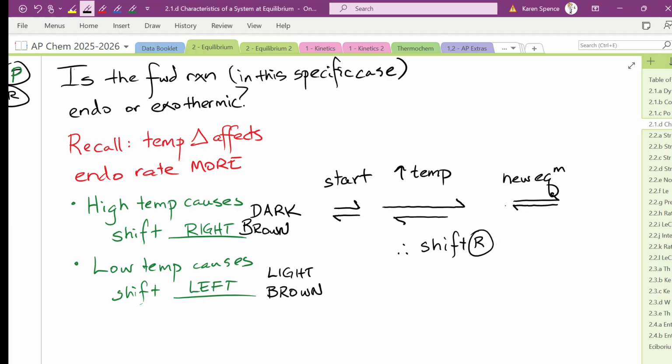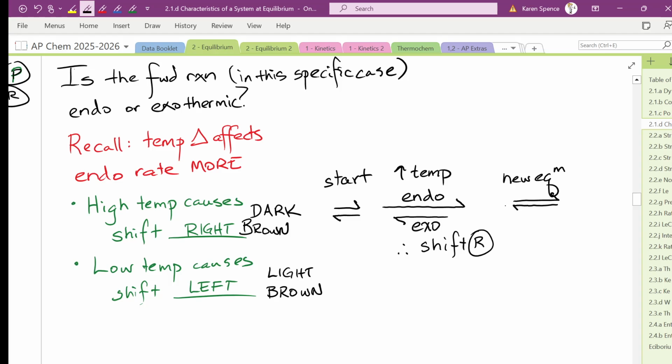This thing about the rates here, this is the reason it shifts to the right when you heat it. This is the reason it shifts in the endothermic direction when you heat it. It shifts in the endothermic direction when you heat it. Always.